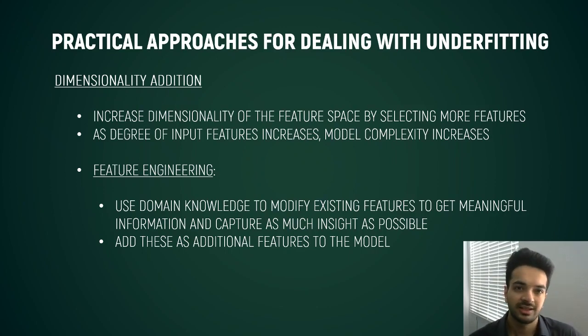You could create mixed variables. You could engineer dates. And you could do feature scaling like standardization or min-max scaling. You could do Gaussian transformations. You could also do discretization. All these are different ways of engineering new features by modifying existing features. And then you just add these additional features to the model.